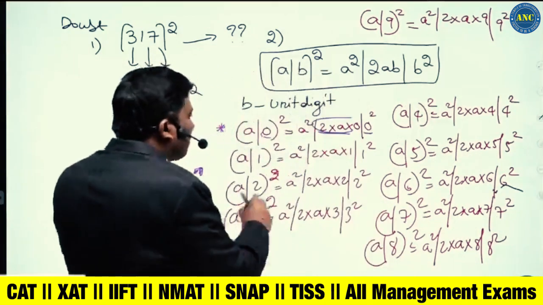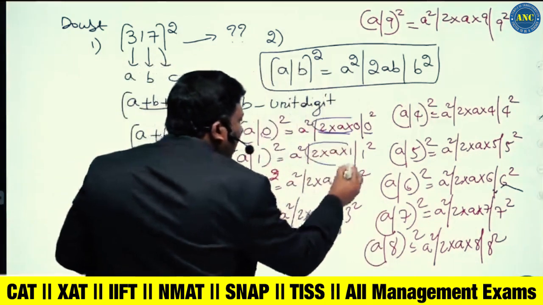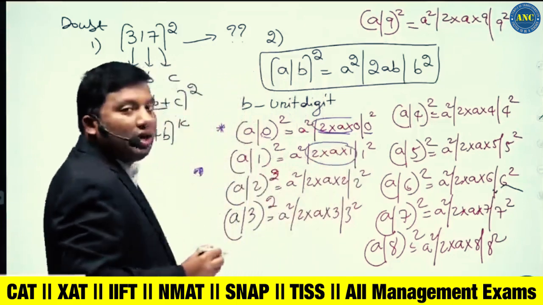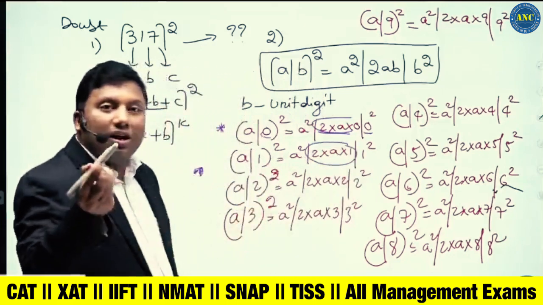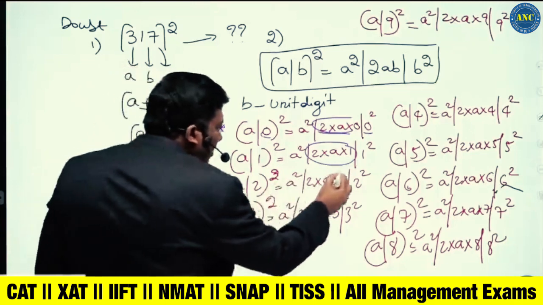Now A with 1 whole square: 2 into any number is an even number. 1 square is 1, so the same unit digit will be written.